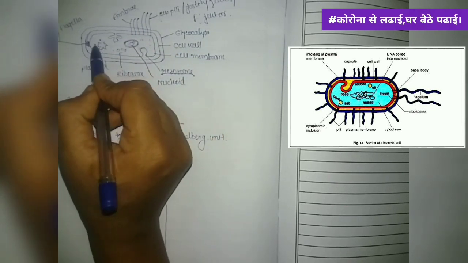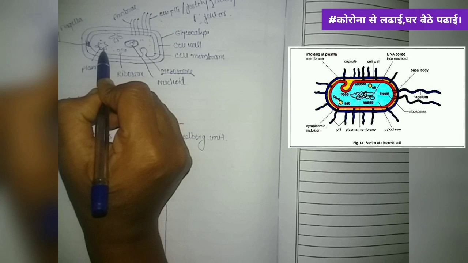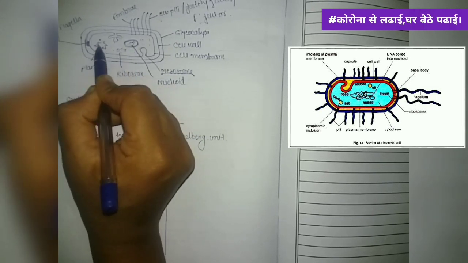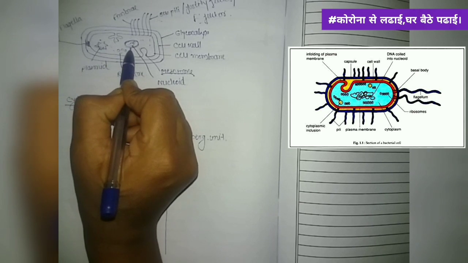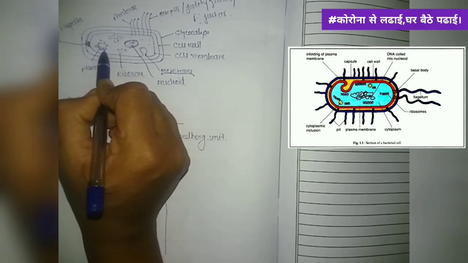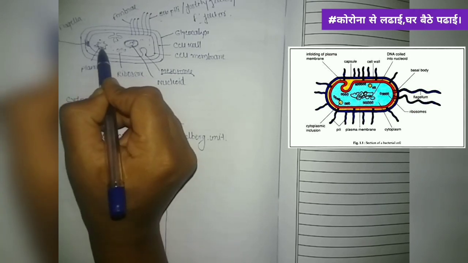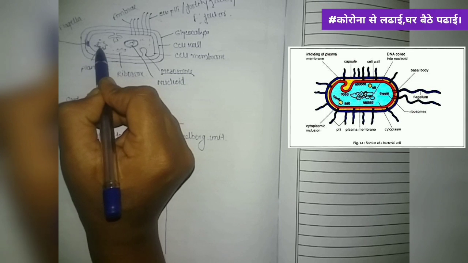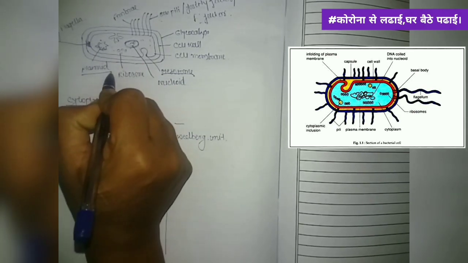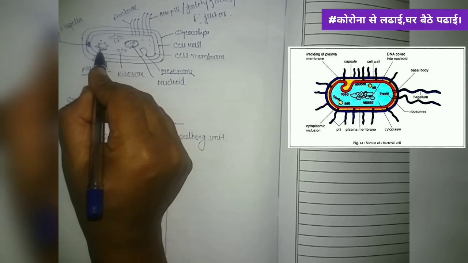and here also a circular DNA is present in the bacterial cell structure, but this DNA is different from the main DNA. That's why it is known as the extra chromosomal DNA. Why is it called extra chromosomal DNA?